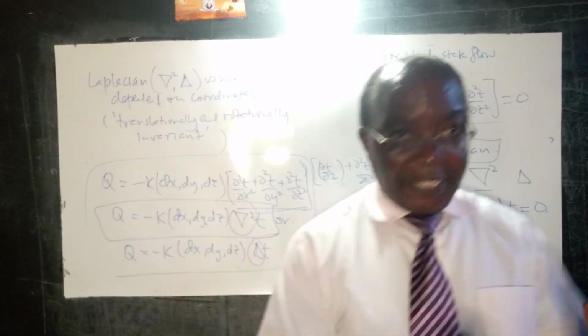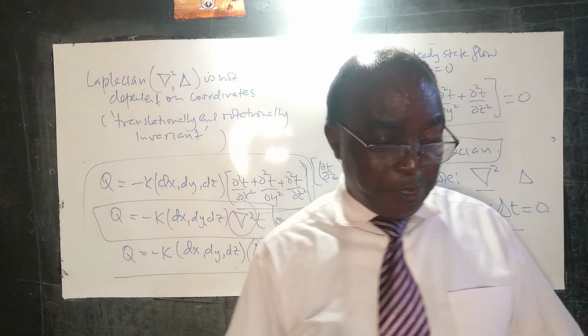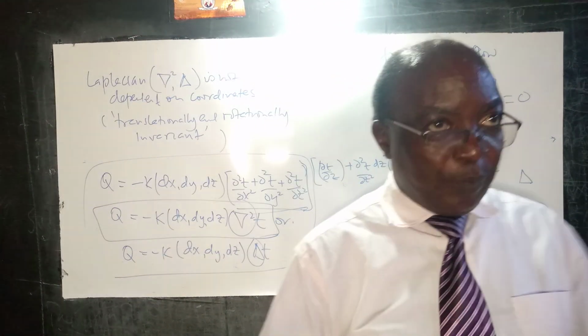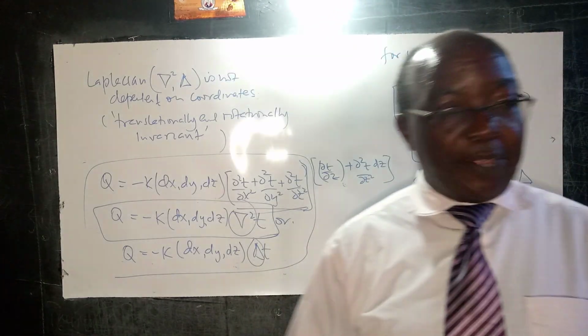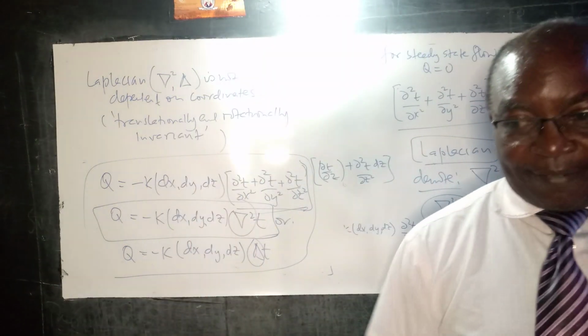So, I repeat, when we're dealing with one dimension, we're talking of heat transfer along that axis. And we're assuming that those planes which are normal to that axis are all isothermal, just like we have said in our earlier lectures. But in 3 dimensions, we are dealing with a temperature field.